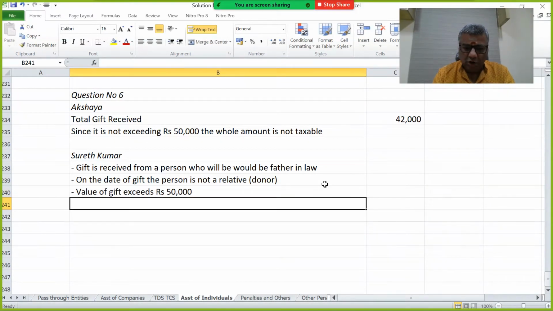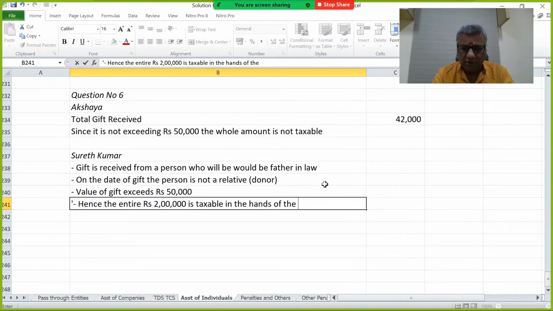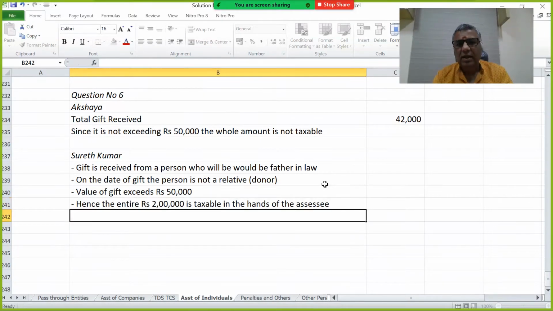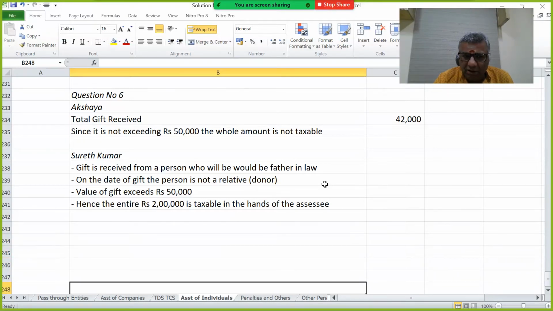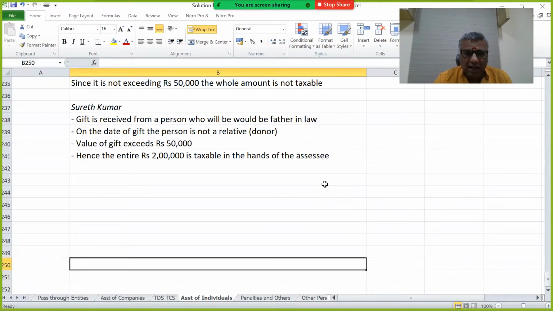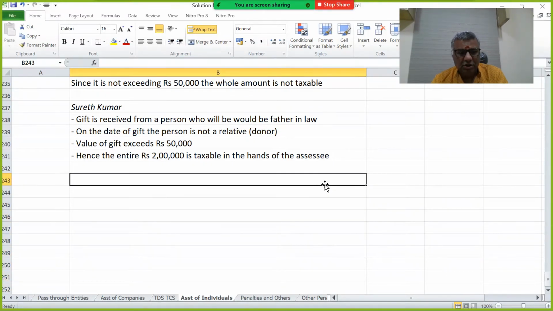Hence, the entire rupees 2 lakhs is taxable in the hands of the assessee because he received the gift before the relationship subsists.